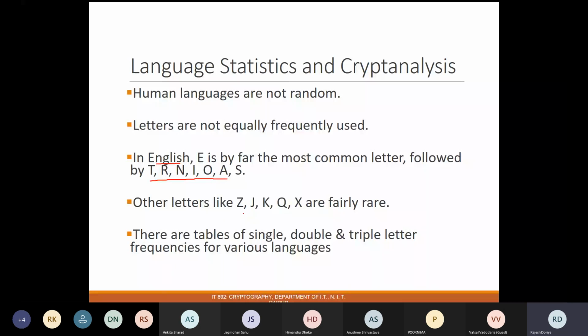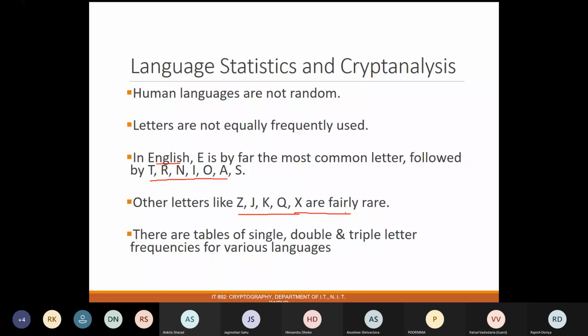Whereas there exist some alphabets which are very rarely used. So this type of pattern leaves a trail, or a vulnerability, because of which any message adopting conventional key cryptography techniques can be detected and broken.